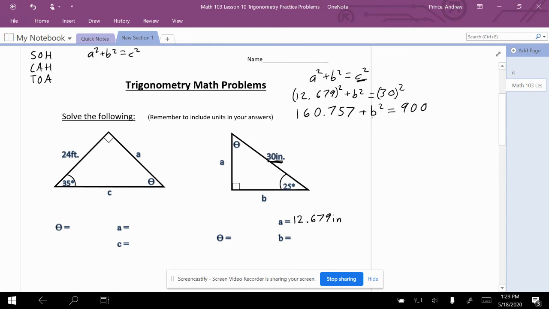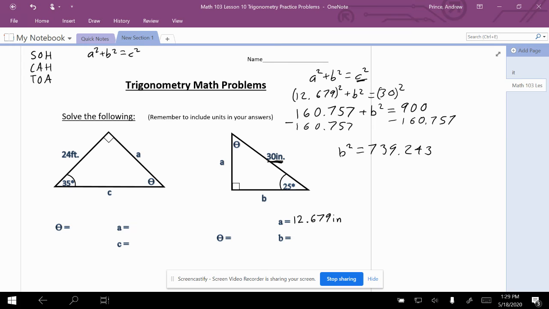Now again, I've got to get this b by itself. So I have 900, and I'm going to subtract my 160.757. Let the calculator do all the work. That leaves me with b squared equals 739.243. I still have to get the b by itself, and I have this squared with it.